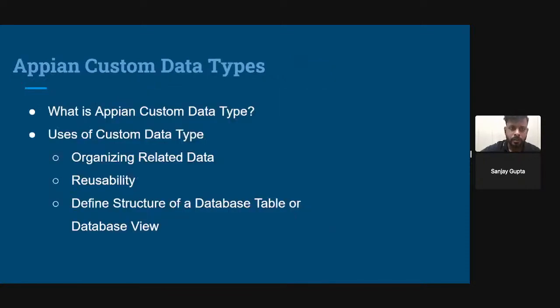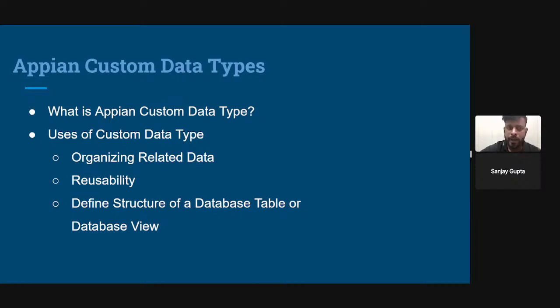Now come to the custom data type. A custom data type is a data type that we create. Appian does not provide this out of the box. We have to create the custom data type, and we create it with the help of built-in data types. So suppose there is an address. An address can have street, city, country, postal code. So address has multiple subfields.